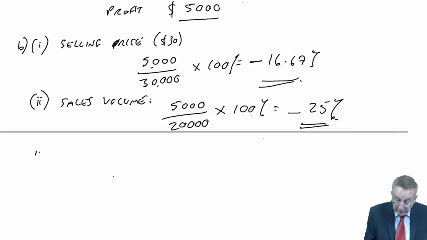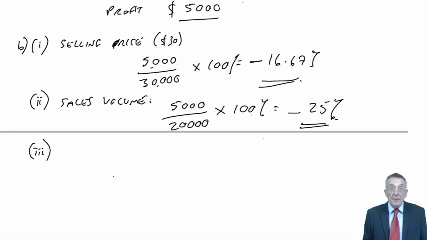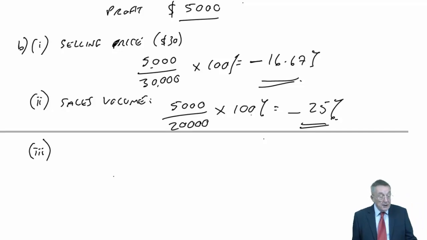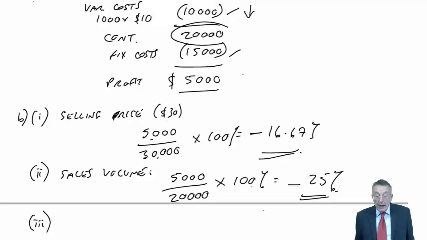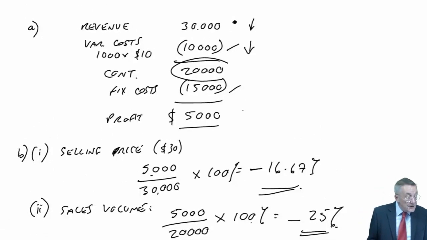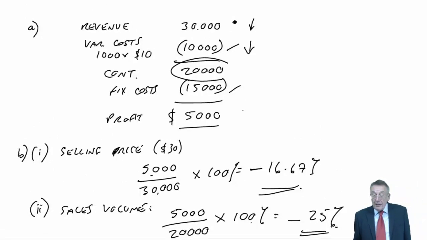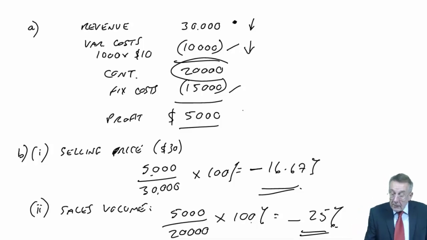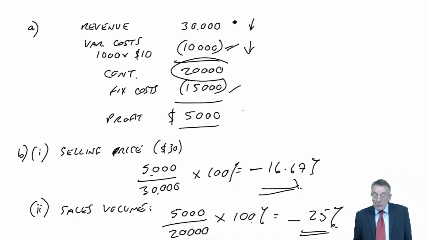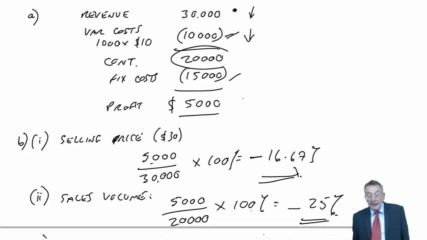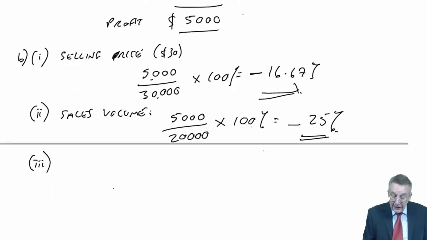Well, really, the other two you should be able to do yourself, but I'll work them through, so it takes a second. Total variable costs: if it was only variable costs that were going to change, at the moment they're 10. They'd have to change by 5 for the profit to get to 0.